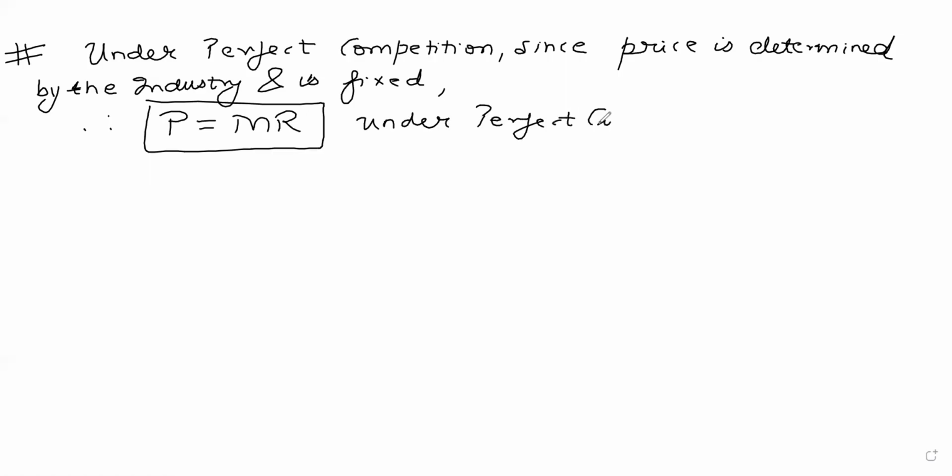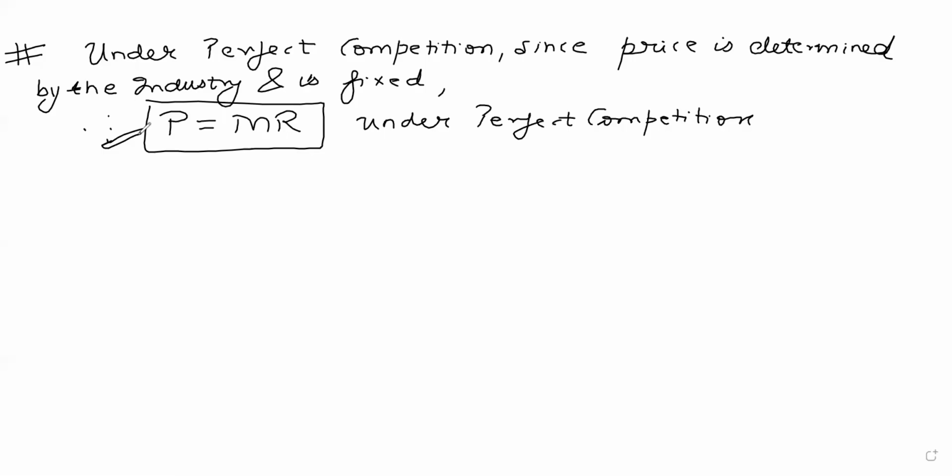That means the additional revenue earned by a perfectly competitive firm exactly equals the price of a commodity, since price is fixed. Every additional unit in a perfectly competitive market is sold at the same price. Now, since every additional unit is sold at the same price, the additional revenue earned by any firm is nothing but the price itself. So P is equal to MR.